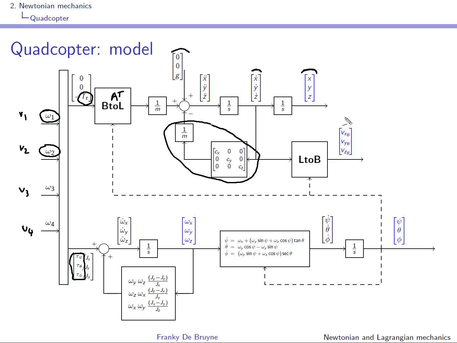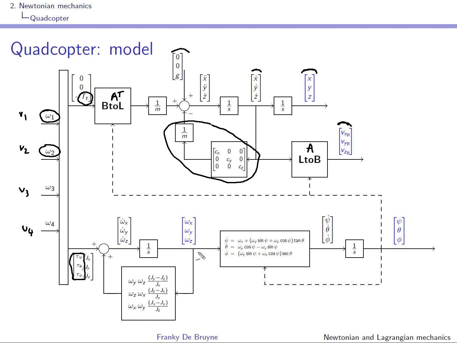I've used the speed that is in the body frame, as is often done. So you have to take this one and use this transformation, local to body frame, and this is my matrix A. So here on top you have everything that has to do with translation.